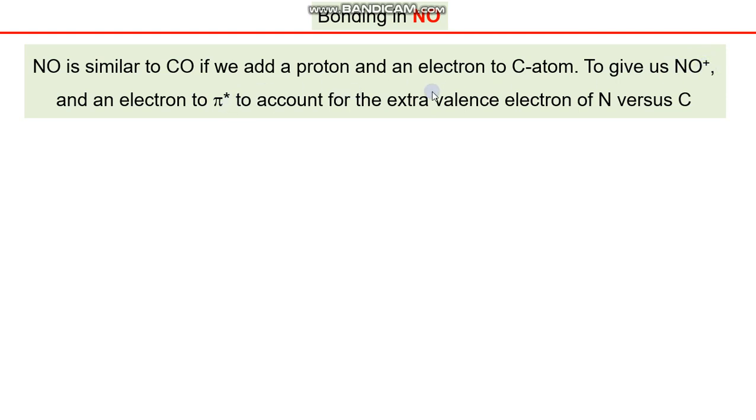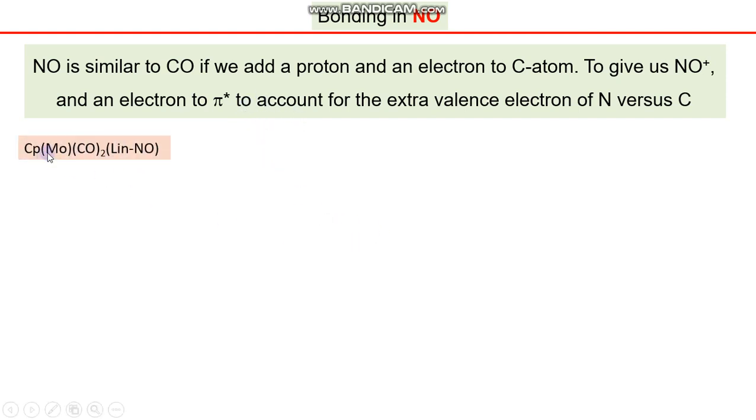If we are dealing with a species with one electron more than carbonyl, we have to put an electron in the pi star orbital of the carbonyl diagram, but already we have replaced carbon by nitrogen, and this we will explain in coming slides.